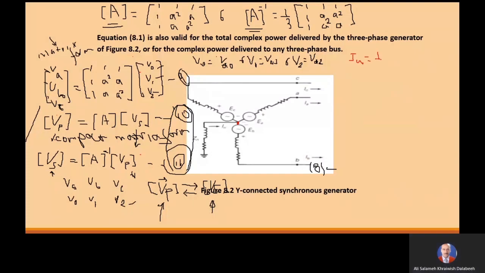So IA is equal to IA naught plus IA1 plus IA2.